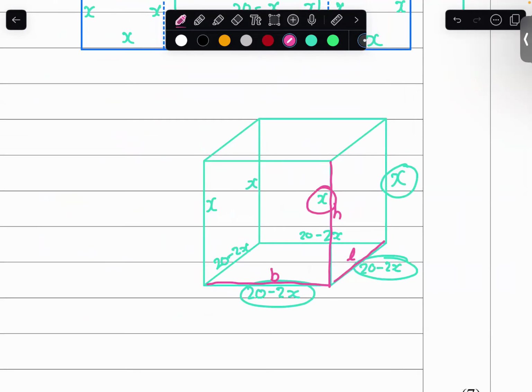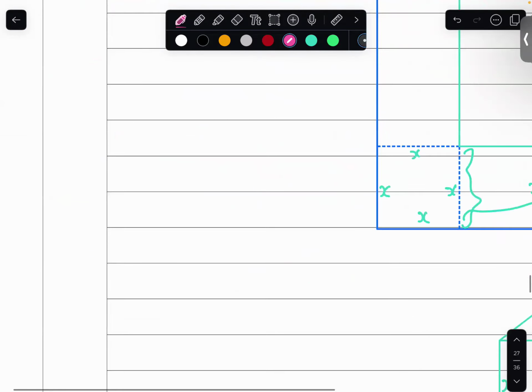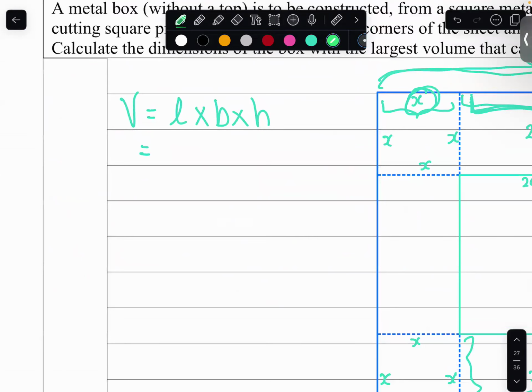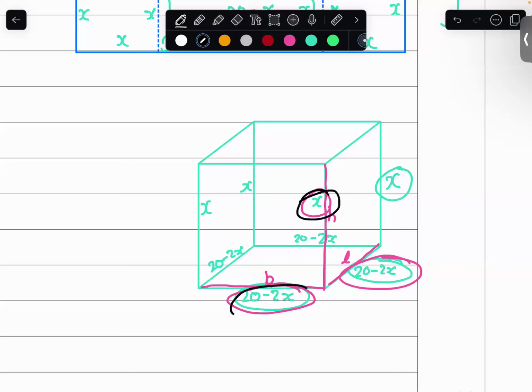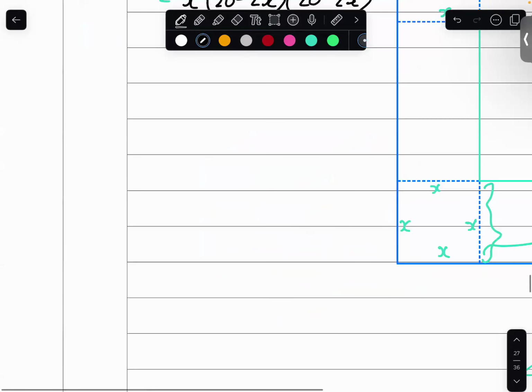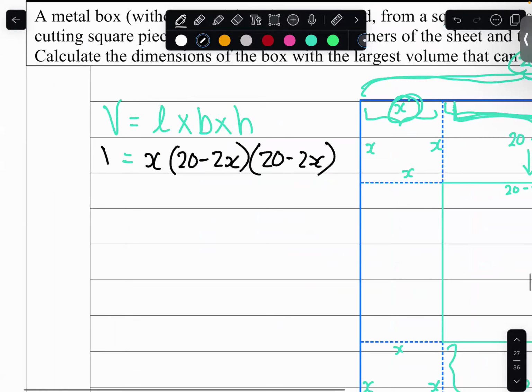So it's this times that. So when we get the formula, it's x times 20 minus 2x times 20 minus 2x. That's your length times breadth times height. This is going to give me a formula for volume. Right? I'm going to get rid of the brackets.